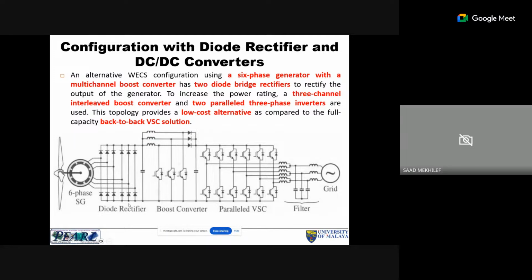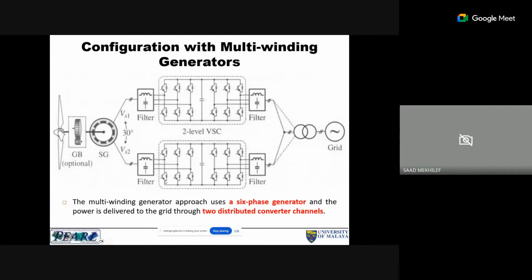We see the fixed phase generator configuration with 12 diodes and 12 switches here for the voltage source converter, and then with 3 boost converters.